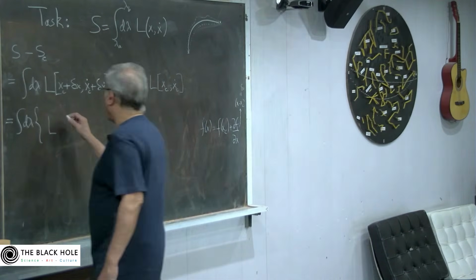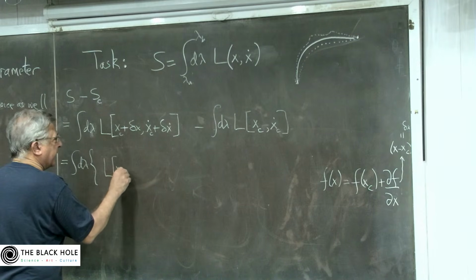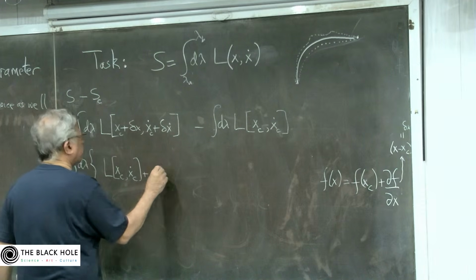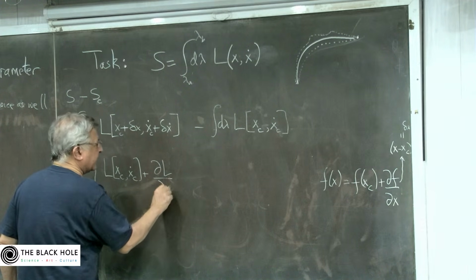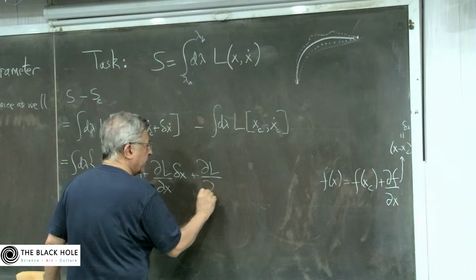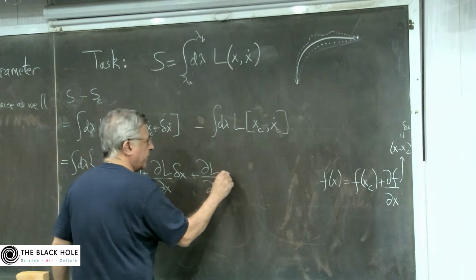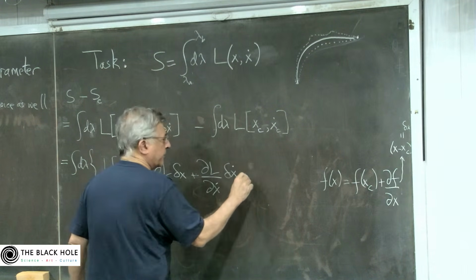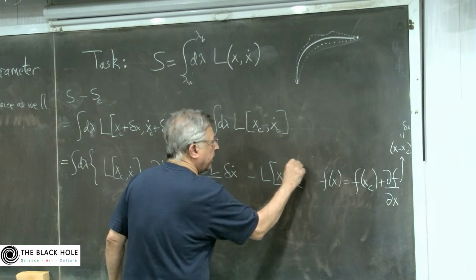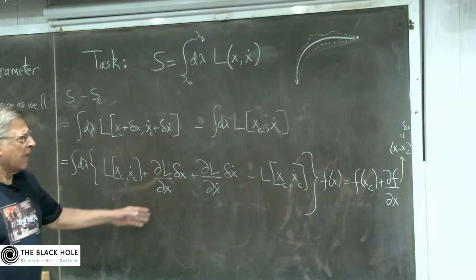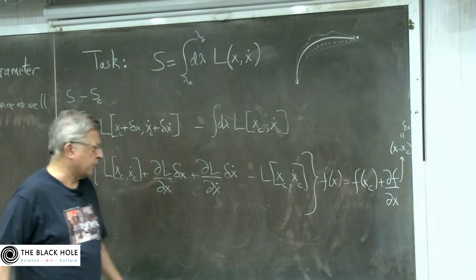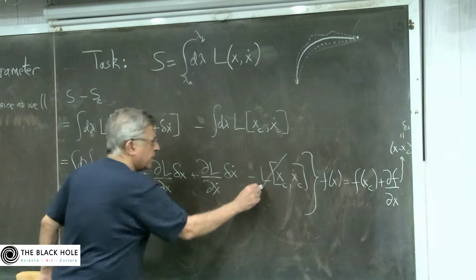So I have L at xc plus dL by dx delta x plus dL by dx dot delta x dot, and of course I ignore terms of order delta x squared and all that goes away. And so what is this and this?